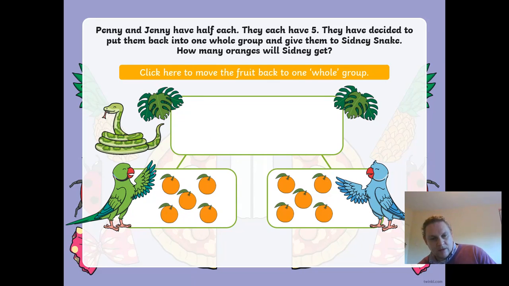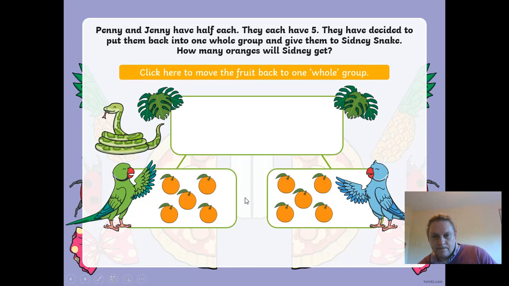Okay, so we've got 4 here, 4 here. Basically, we're just going to combine them back together. How many is Sydney Snake going to get? How many do you think? Well, we can just really add these all up, can't we? 1, 2, 3, 4, 5, 6, 7, 8, 9, 10.